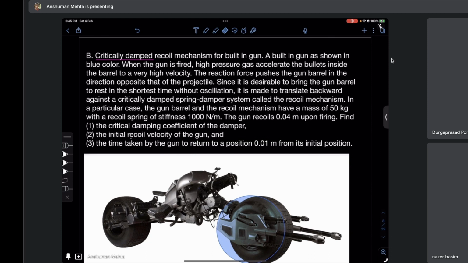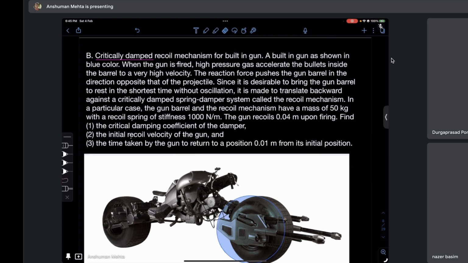In a gun, shortest time is required mostly in military applications, because if something takes more time recoiling, it cannot fire the next missile.